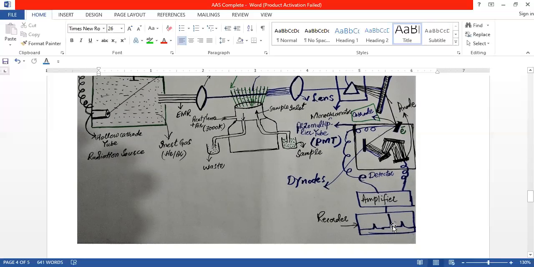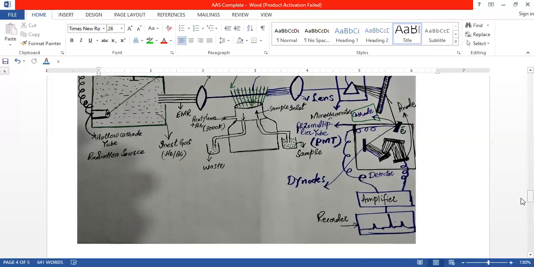This is the recorder, you can see in the diagram, and ultimately the recorder will record the signal of the spectra of the atomic absorption spectroscopy. So this is the basic working of atomic absorption spectroscopy. There are various parts, and we have discussed these different parts.